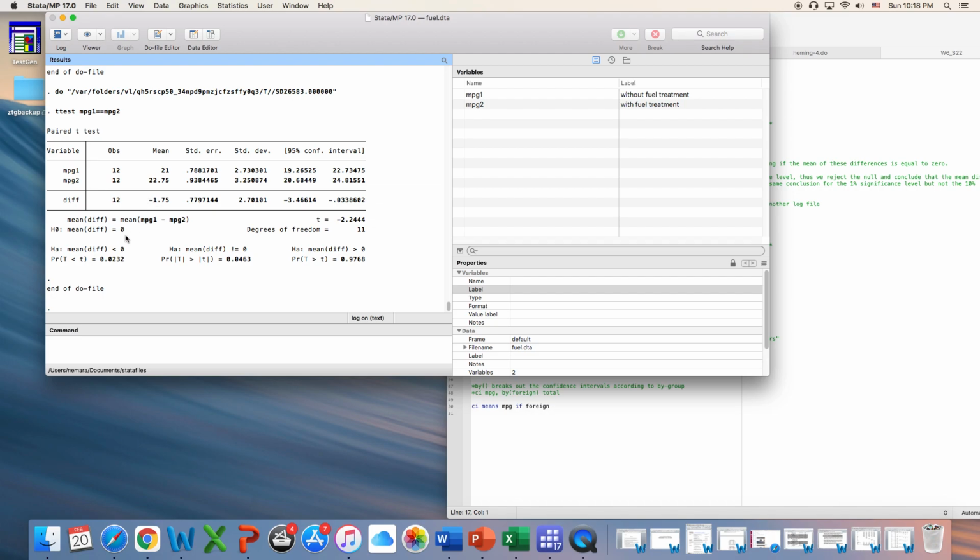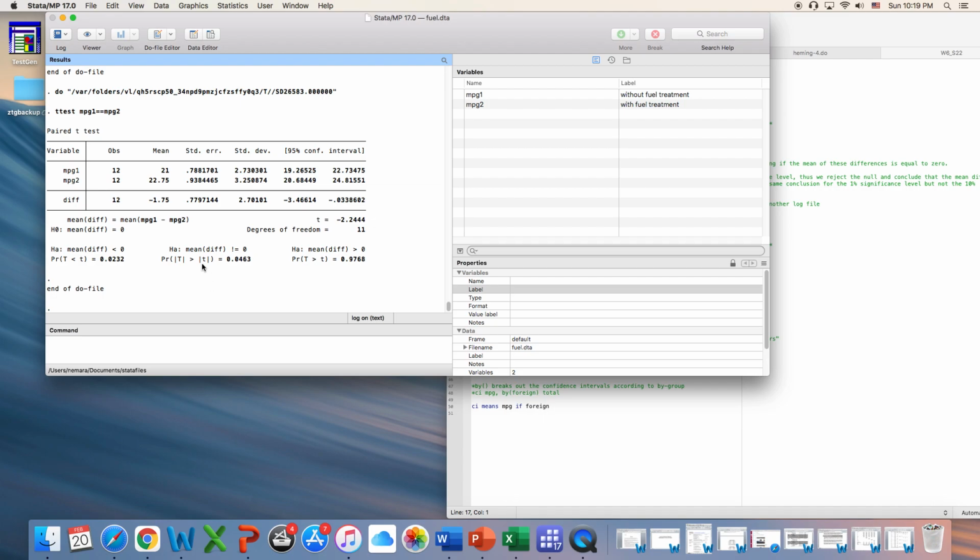This is your null. This is what you're testing. All the p-values here are about the null. If you have a high p-value, then you say I accept, or fail to reject. If you have a low one, then you reject and accept one of these three alternatives.